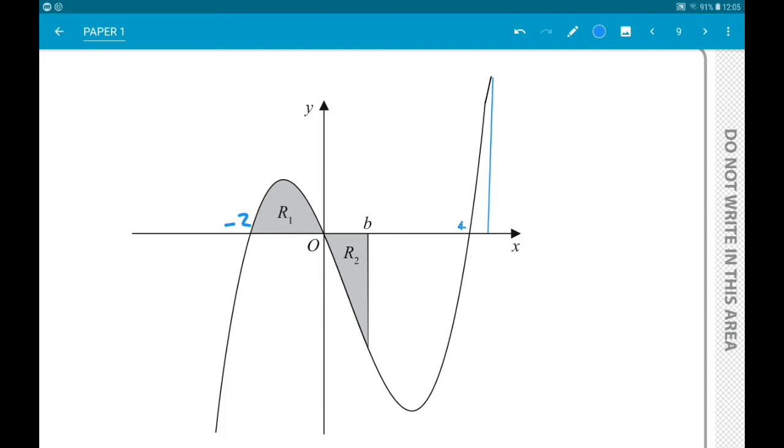So if we did the integral between minus 2 and 1.225, then we would have got 0.